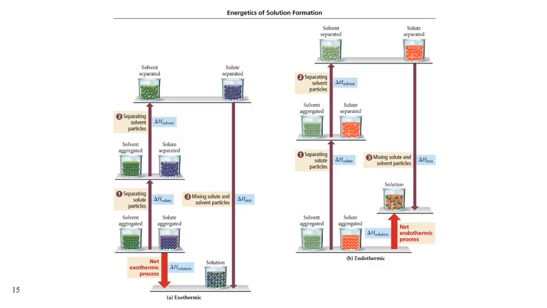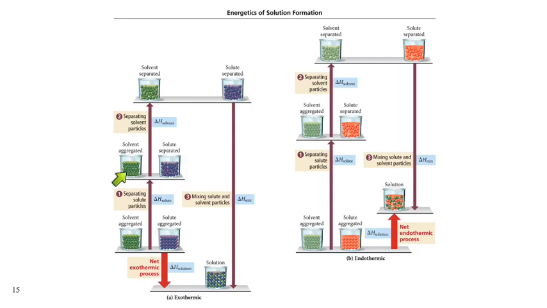So here, looking at 2 different solutions forming. We're starting here. We've got the solvent aggregated. That means they're together. So the solvent with its intact intermolecular forces, and the solute with its intact intermolecular forces. To separate the solute particles, to pull them away from each other, to prepare them for mixing, requires us to put energy in.